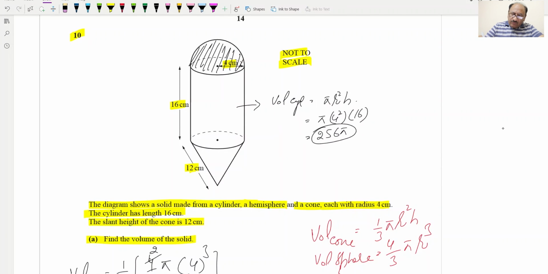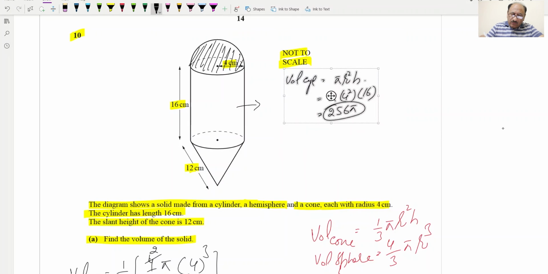So volume of the cone, we can figure out volume of cone. For volume of cone, we will be requiring the perpendicular height, which is basically, this is the height. If I draw properly solid line, this will be the height of the cone, and this will be the radius of the base of the cone.